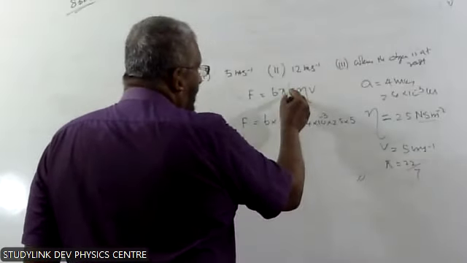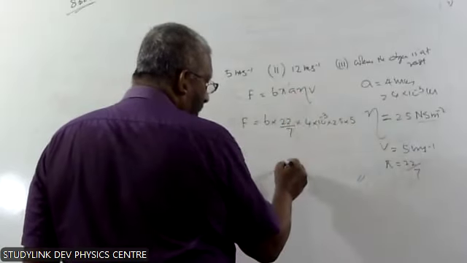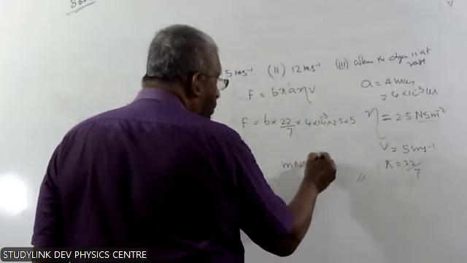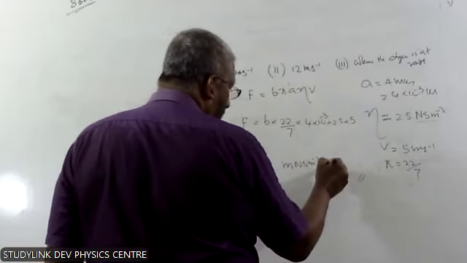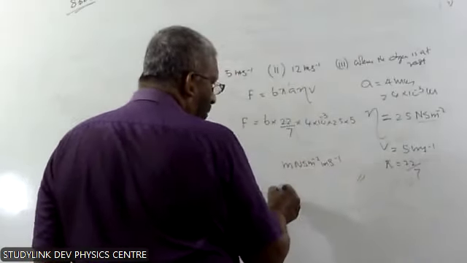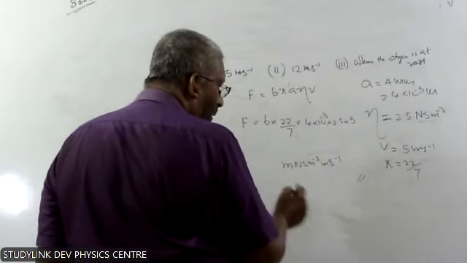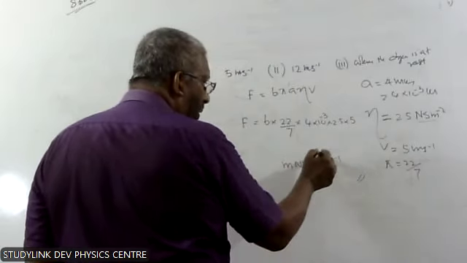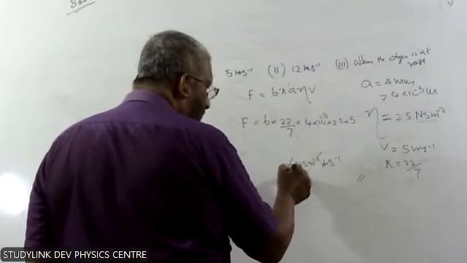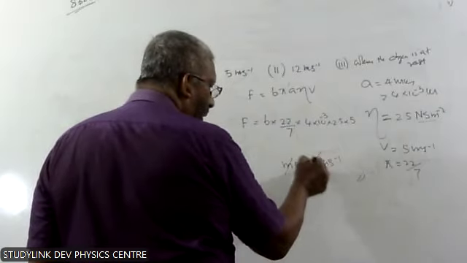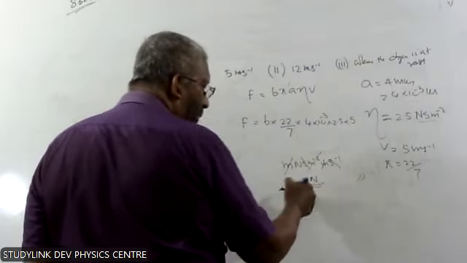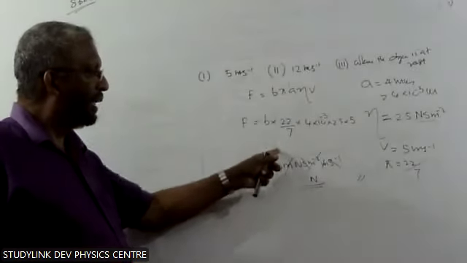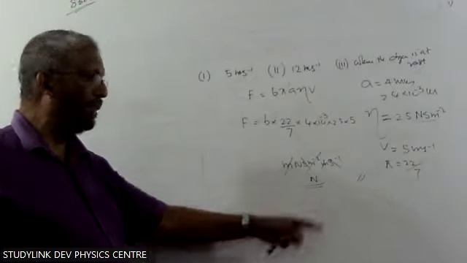A is in meters, eta is Nsm minus 2 and velocity is ms minus 1. So here m squared, m minus 2 cancel off. Then s minus 1, s cancel off. Then the answer comes in newtons. Right, up to that, then simplification can be done later.